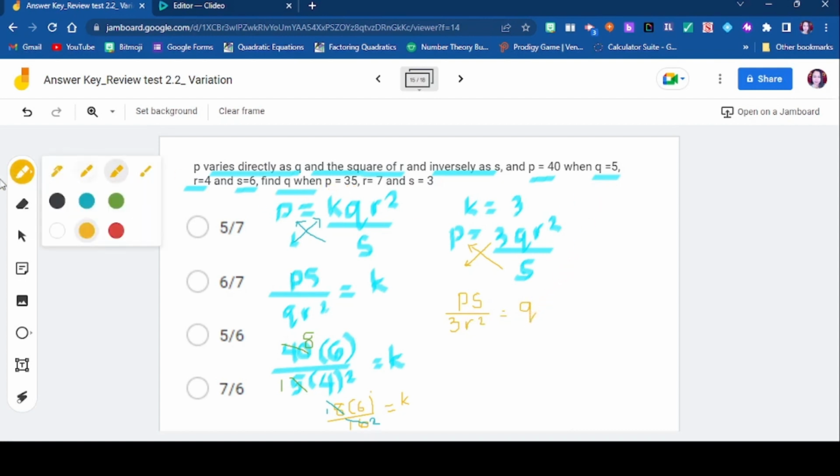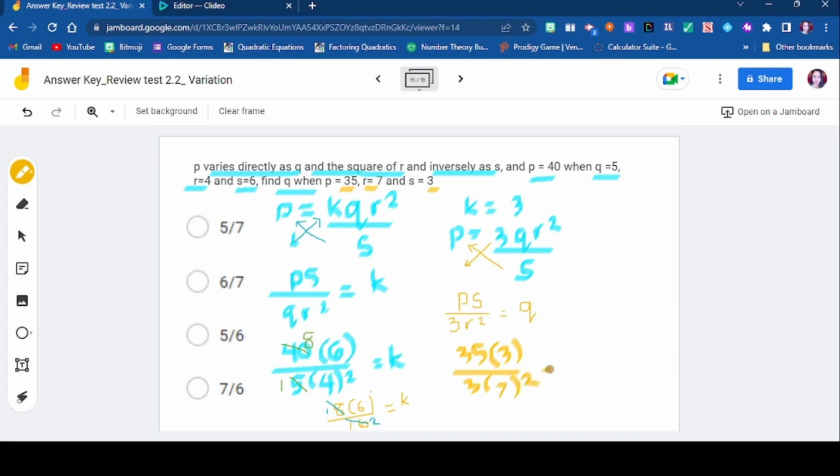So our P is 35. So let's put 35 here. And our S is 3 over 3. Then our R is 7. So let's write there 7 squared.